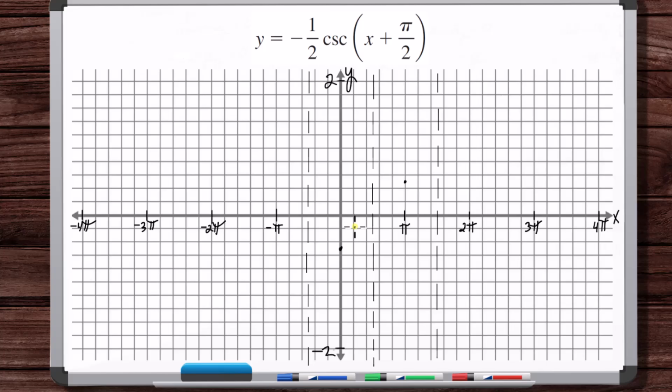So that would be 0.2, 0.4, 0.6, 0.7. So like right in there. A little bit past half a tick mark from the local maximum here. Same idea, a little bit past the center, like that.